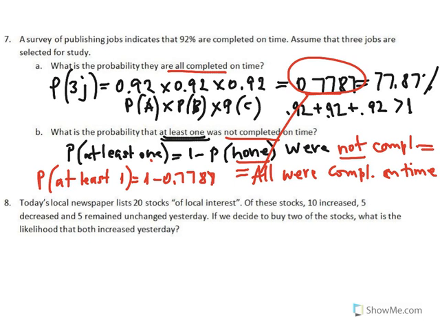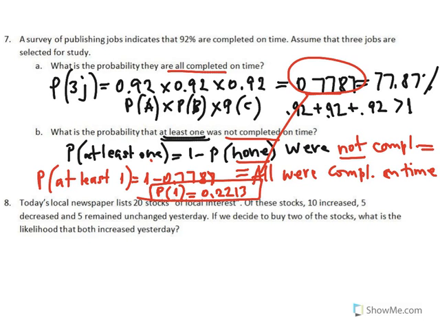So the probability of at least one will be 0.2213. Okay, so now 0.2213 plus 0.7787 will be 1, and these are two complementary events: all were completed on time, and at least one was not completed on time. Okay, let's move on.